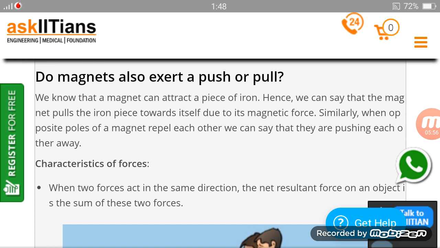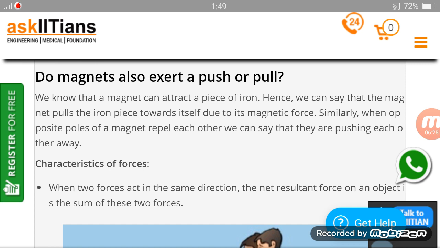Hence, we can say that the magnet pulls the iron piece towards itself due to its magnetic force. Yes, we can say that it is pulling the iron piece because of the magnetic force. Similarly, when opposite poles of a magnet repel each other, we can say that they are pushing each other away.